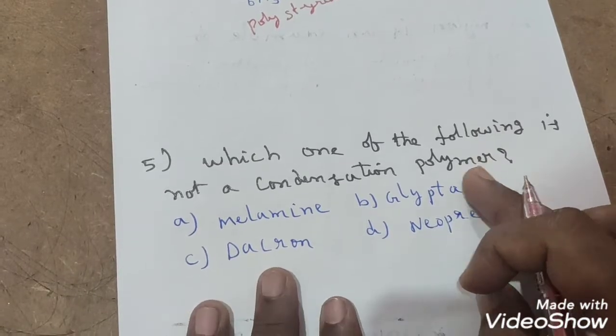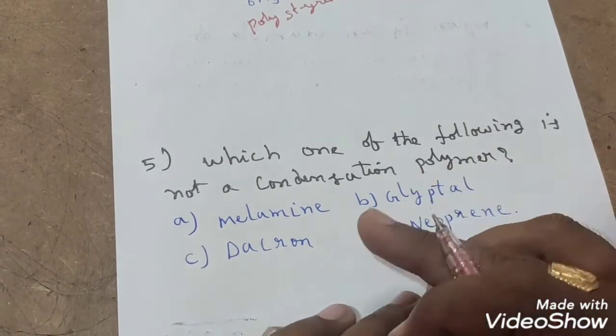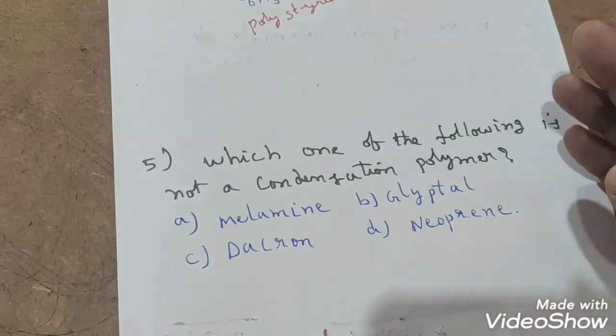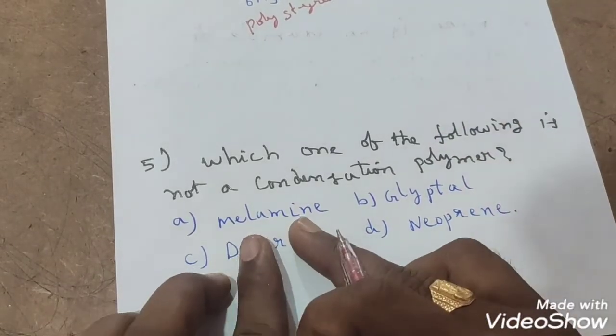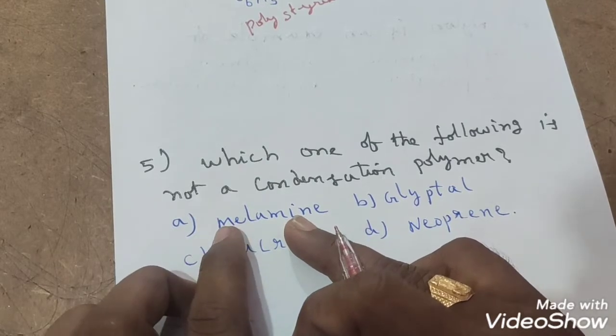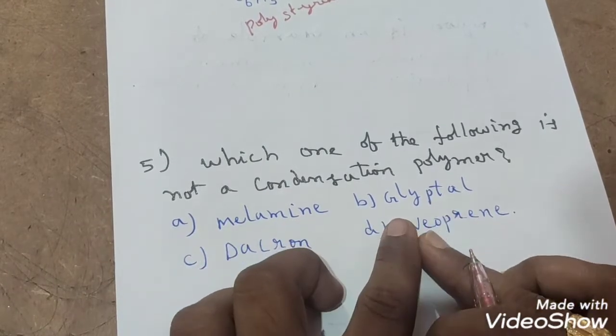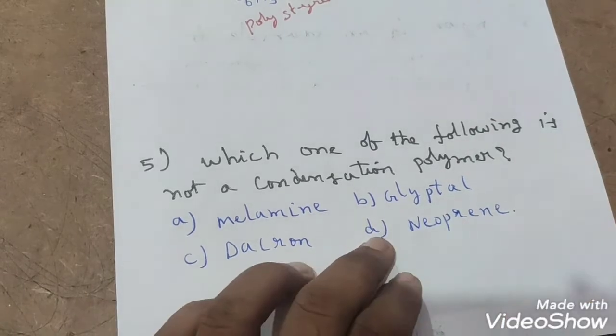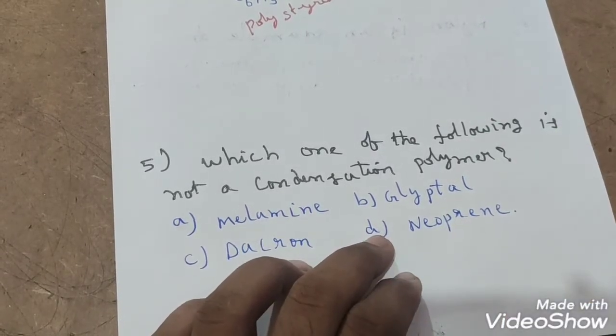polymer? Condensation polymer means it should release some simple molecules like water, alcohol, HCl, etc. Right? So first of all, if you observe, melamine is a monomer, right? Glyptal. Glyptal came from what? Just now we have observed the glyptal structure also.